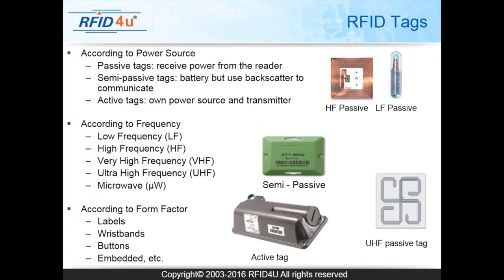If we took that same passive tag and we put a battery in with it, then we would have a semi-passive tag. And the reason why we would do this would be if you wanted to attach sensors, you need to have some way to power the sensors.